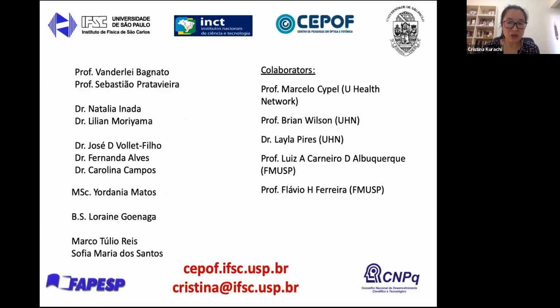And for the results that I showed, the experiments and studies that we have been producing with those protocols, these are the main people working. This is a collaboration together with Professors Wanderlei Banhat and Sebastião Prata Vieira. We have those researchers working together with us, with the students, on all the projects, along with Doctors Natalia Inada and Lilian Muriyama.